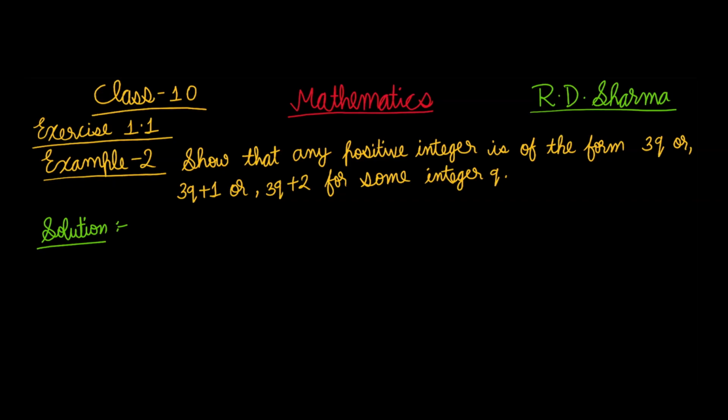So let's begin. We will let a be a positive integer and b equals 3, because here we have 3q, 3q plus 1 and 3q plus 2. That's why we are taking b as 3.